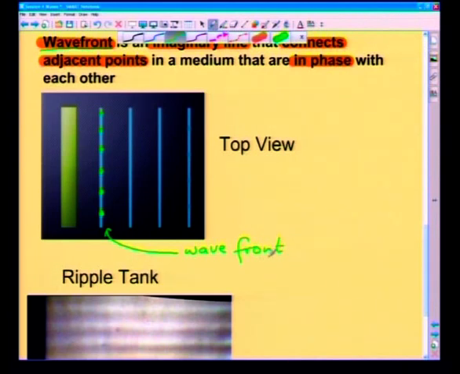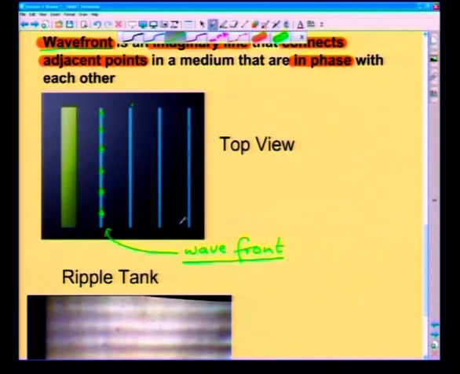In a similar way, this line here, which is a wave front, is connecting points on a wave that are in phase. They can form that straight line. Now that straight line is imaginary, like we say. It's an imaginary line connecting points that are in phase in a wave, and we call that a wave front.